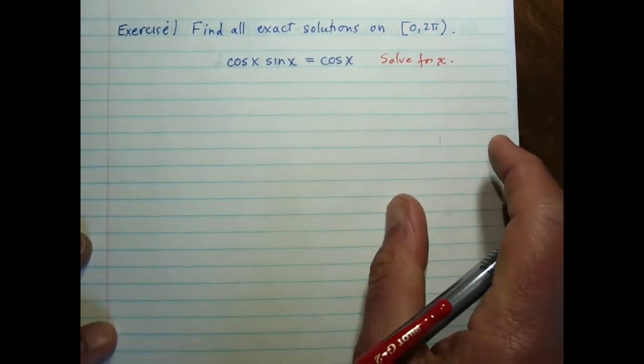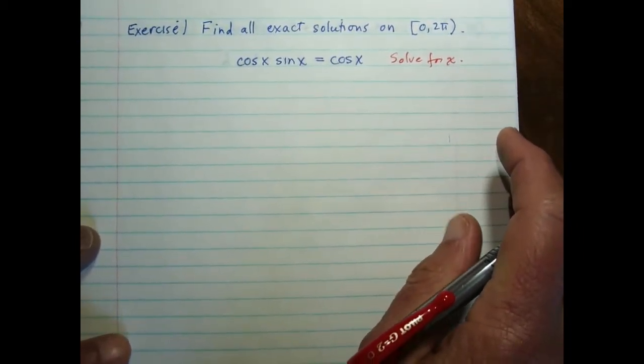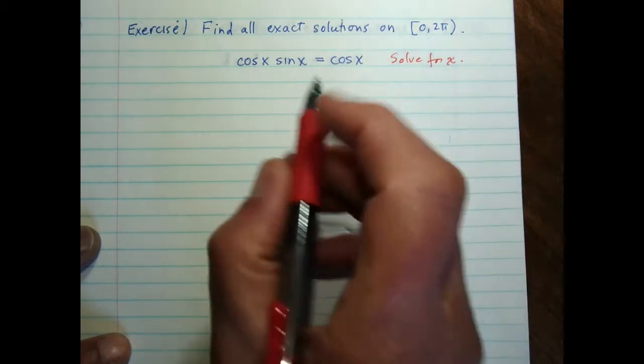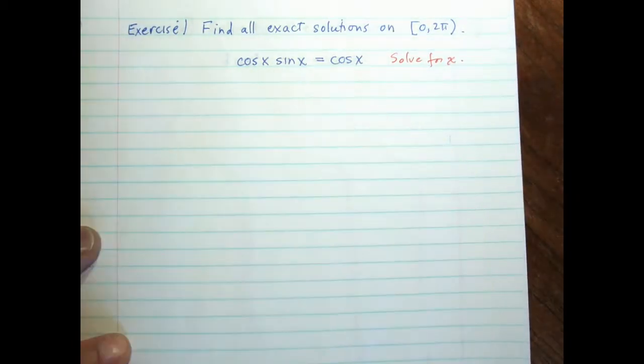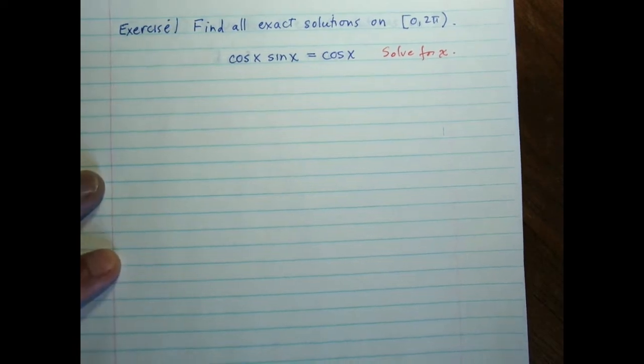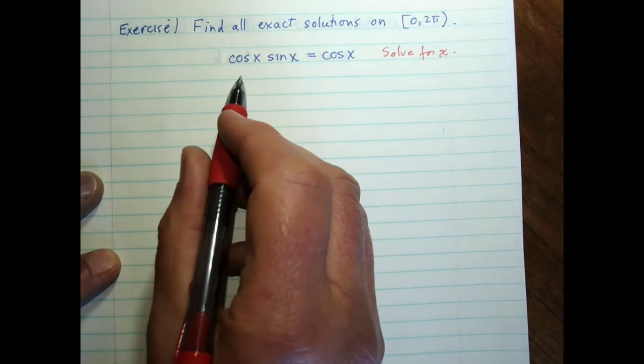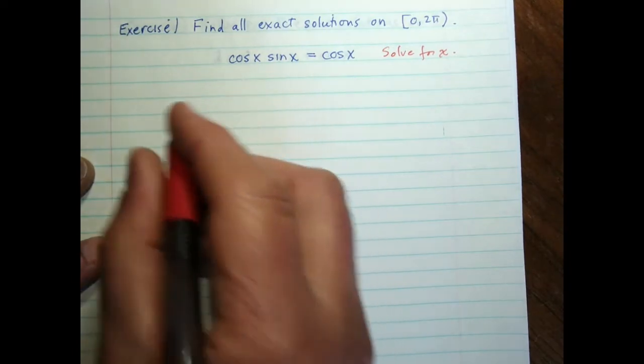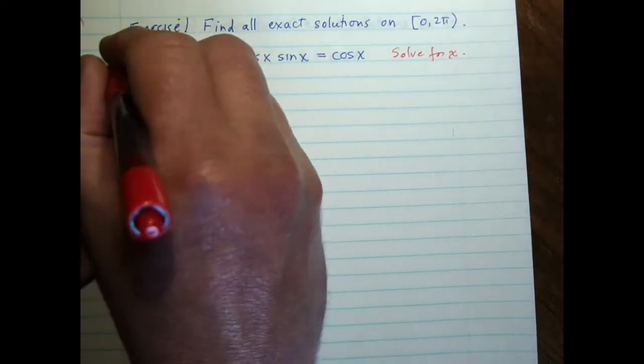And you see this equation, cosine x sine x equals cosine x. So that's cosine x times sine x equals cosine x. I know often students look at an equation like this and they want to divide both sides by cosine x.